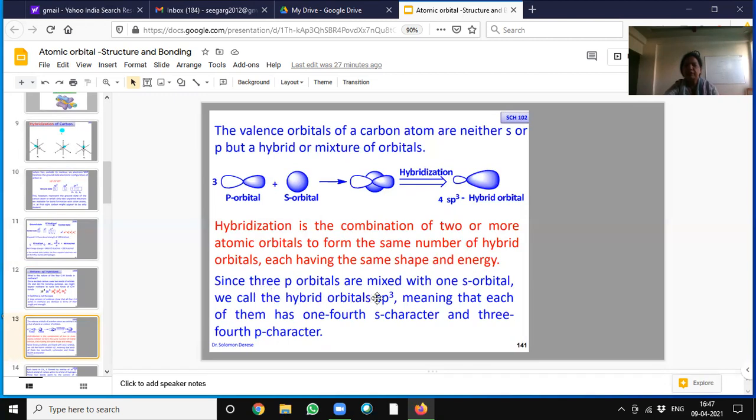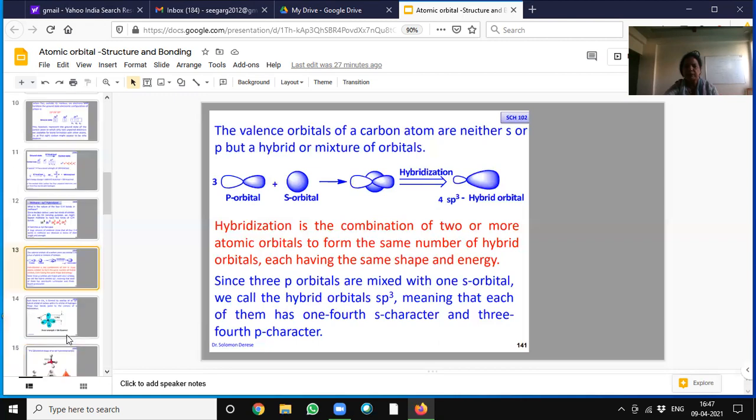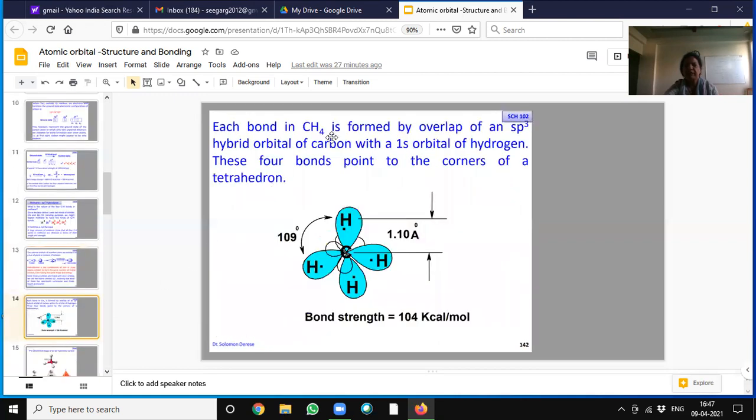Since 3 p orbitals are mixed with one s orbital, we call the hybrid orbitals sp3, meaning that each of them has 1/4 s character and 3/4 p character. Each bond in CH4 is formed by overlap of an sp3 hybrid orbital of carbon with the 1s orbital of hydrogen. These 4 bonds point to the corners of a tetrahedron. See here, this is the tetrahedron.